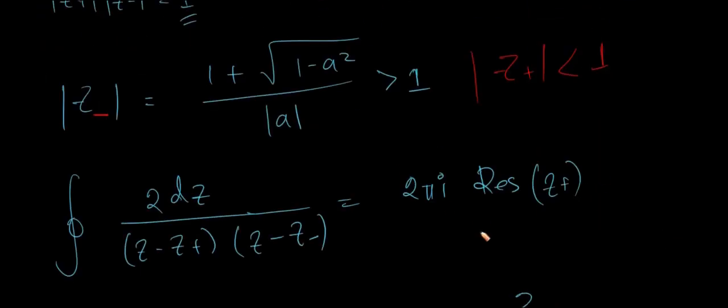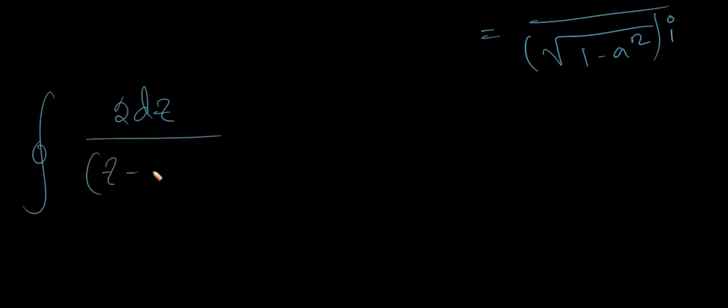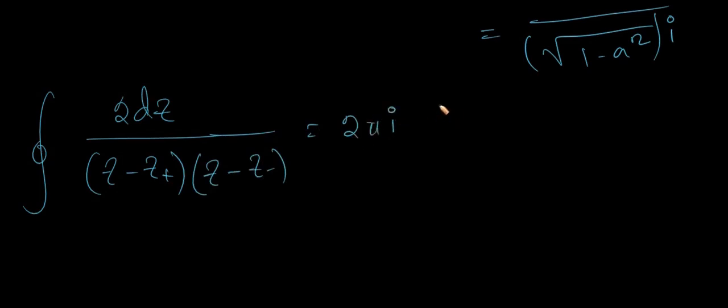And finally you put the residue inside over here, that is this thing. So our contour integration was 2 dz by z minus, I'm just writing it in the factor mode because I don't want to go through the whole polynomial thing. And this is just 2 pi i, and the residue was a divided by square root over 1 minus a squared, and there was an i in the denominator.